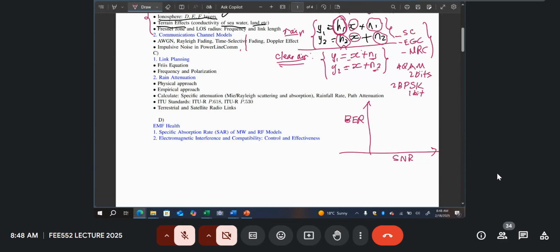If you want to look at the bit error rate, let's say you start with 1, then 0.1, 0.01, and so on. Here 1 means all the bits that you send will be in error. 0.1 means if you send 10 bits, only 1 is in error.